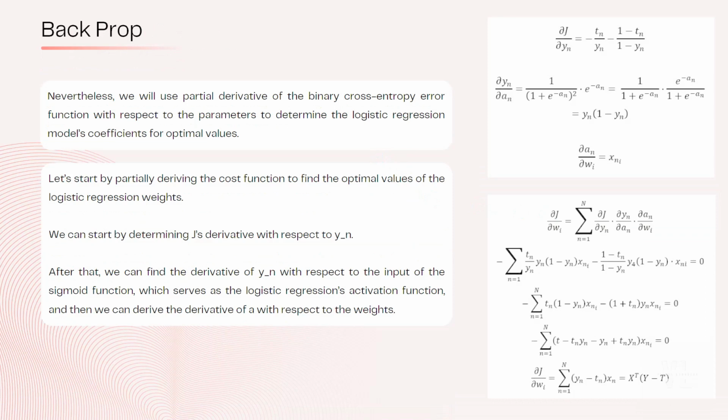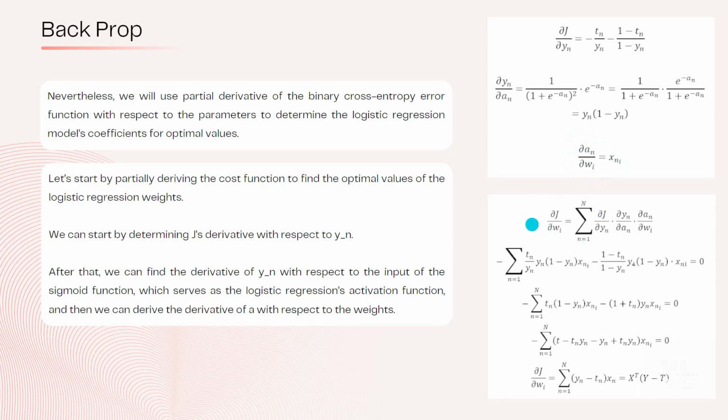We have already mentioned that the sigmoid function is a differentiable function, so when we start the backpropagation, we can start by computing the partial derivative of the cost function J with respect to the variable y. And this is a representation. We can also differentiate it with respect to the activation function a, and we can also consider the partial derivative of a with respect to w.